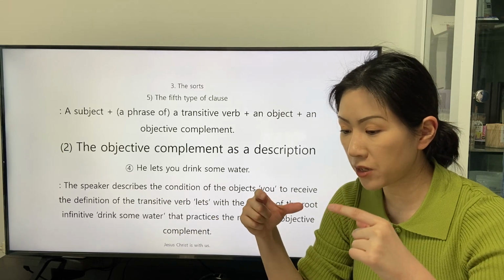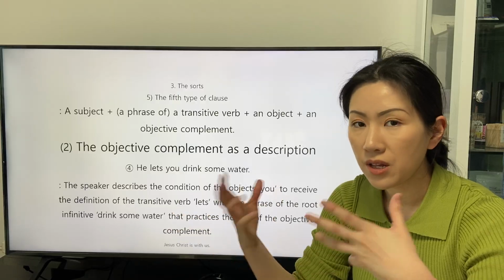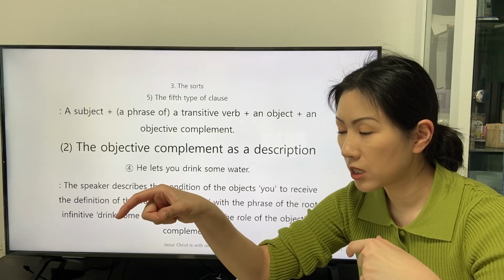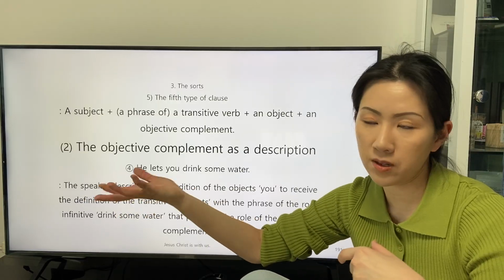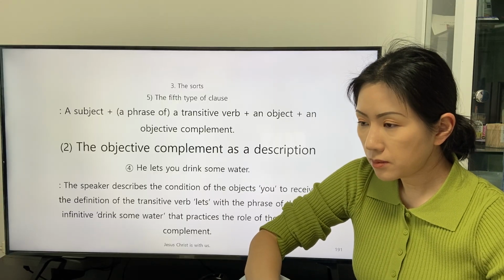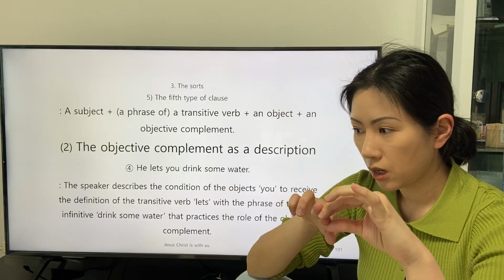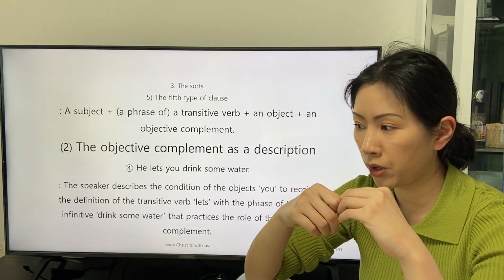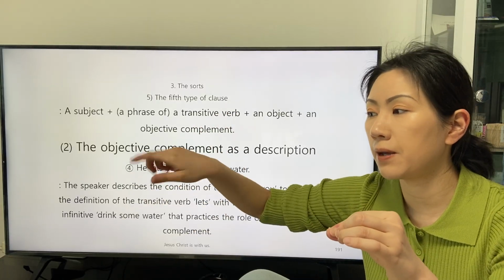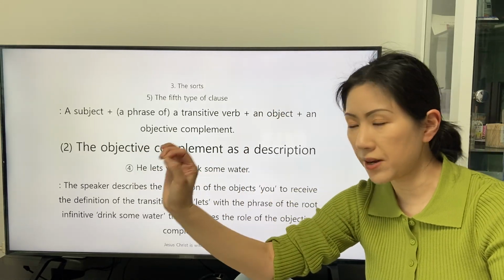The intent of the speaker is in the actualization. The actualization is for the object to be described by the objective complement. The subject allows or directs the object to be described by the objective complement, including the root infinitive.